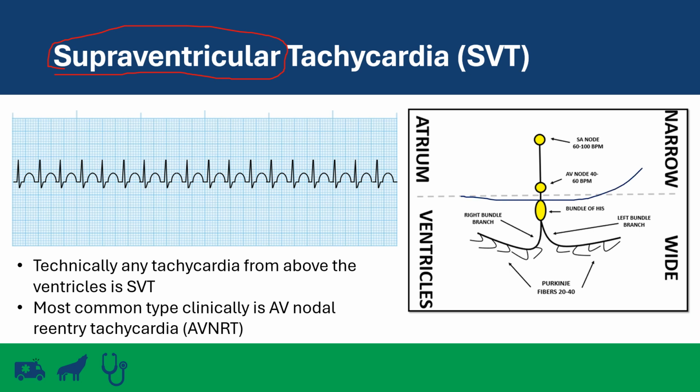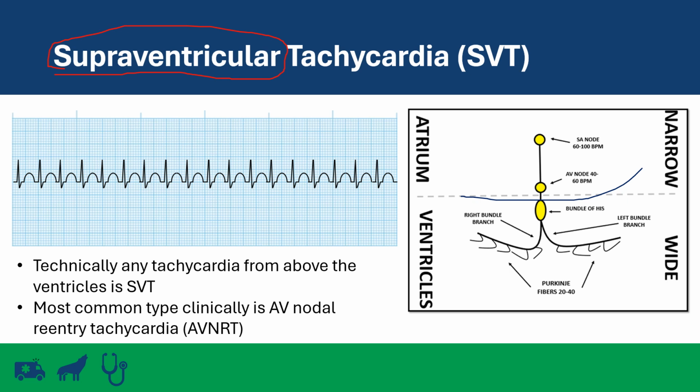But in clinical practice, when you hear SVT, whether it's in ACLS or on calls or in the hospital, typically SVT is going to refer clinically to AV nodal reentry tachycardia, which is a specific type of SVT that most people are talking about when they talk about SVT.